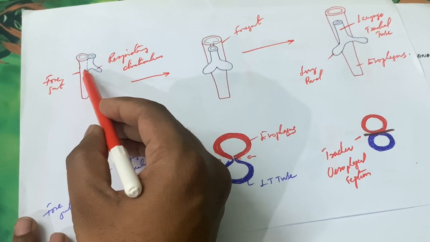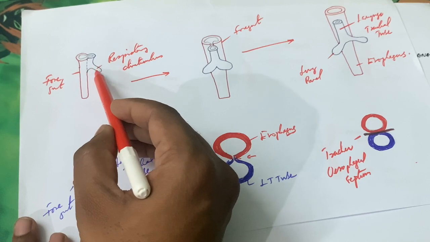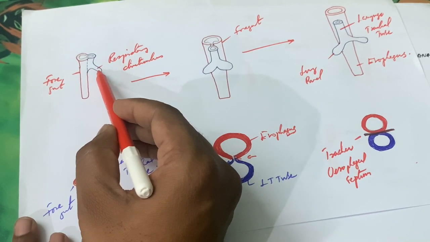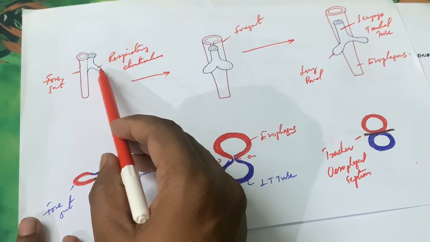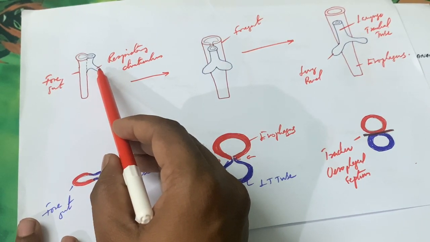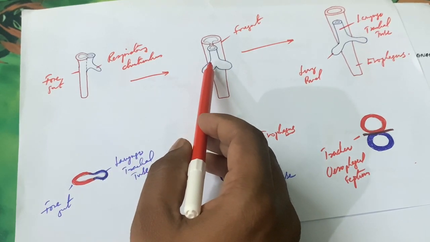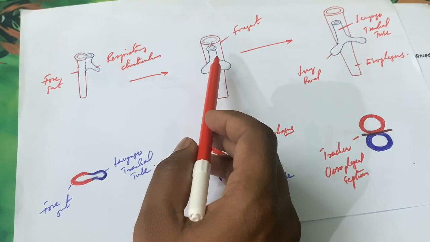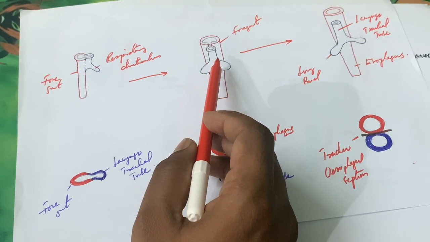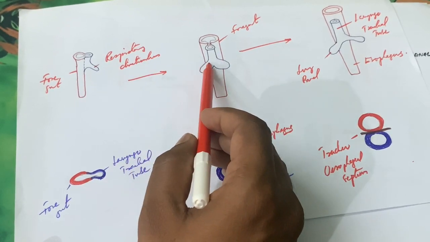From the ventral aspect of the foregut you can see an outpouching called the respiratory diverticulum. What are its derivatives? It gives the larynx, trachea, bronchi and lung parenchyma. All these will be derived from this respiratory diverticulum.